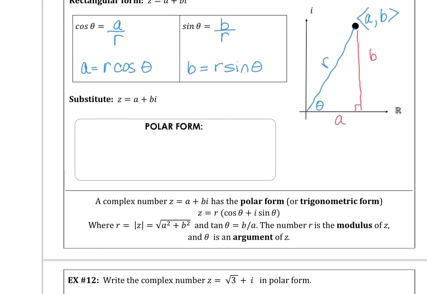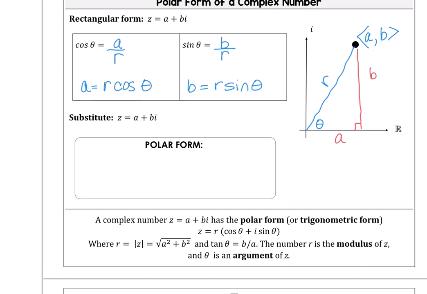We use polar form. Z is r cosine theta, because that's the a value here. And b is r sine theta, but we have an i in there, so I'm going to put the i up in the front: i times r sine theta.